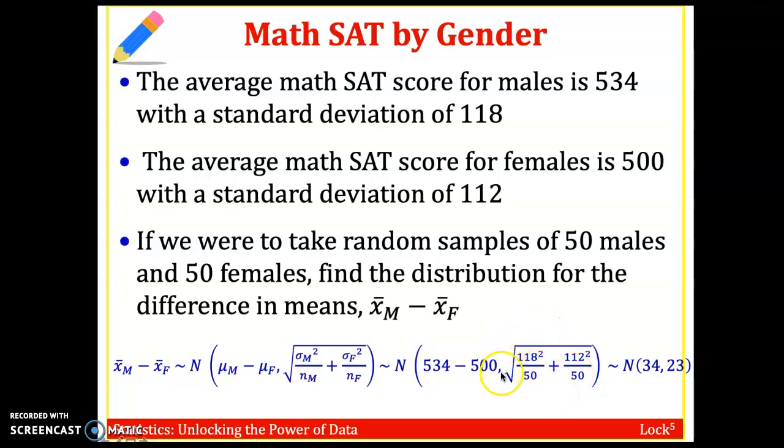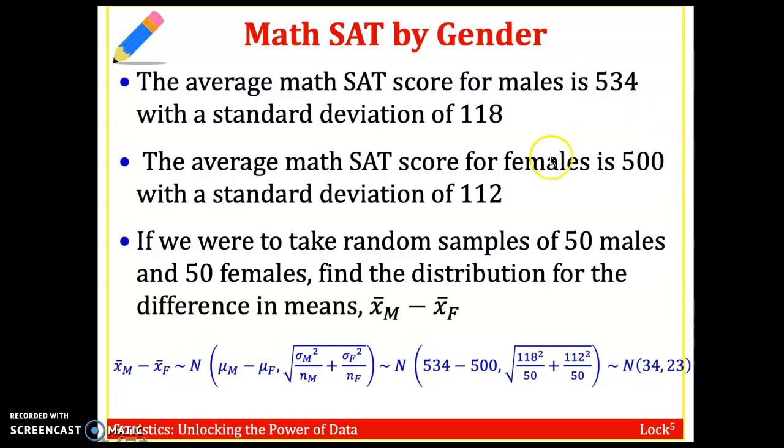Notice, if you enter this in your calculator, you need to add these two numbers first and then take the square root. And that's how you get 23.0078 as the standard error, rounded to 23.